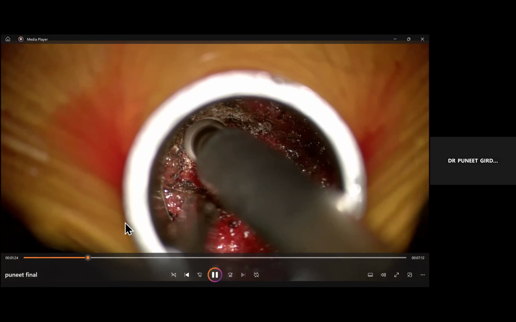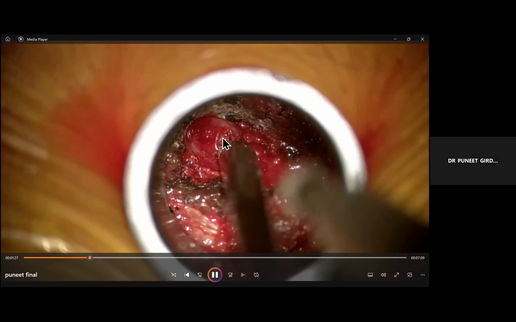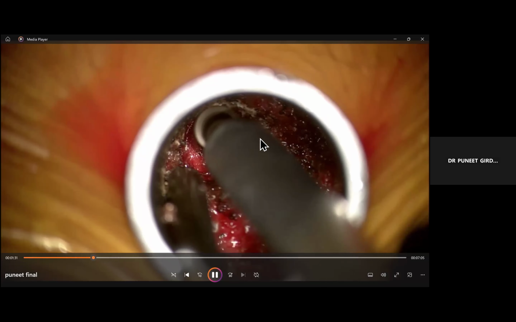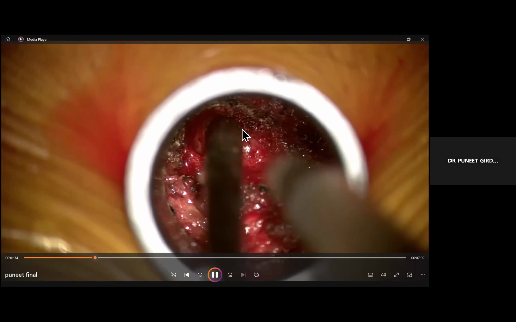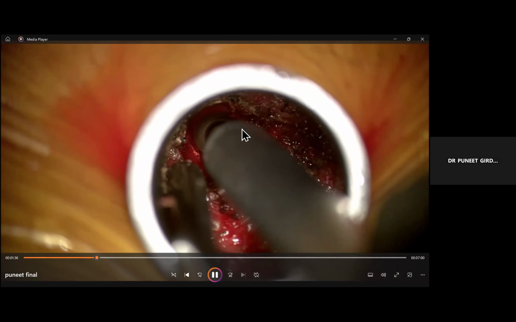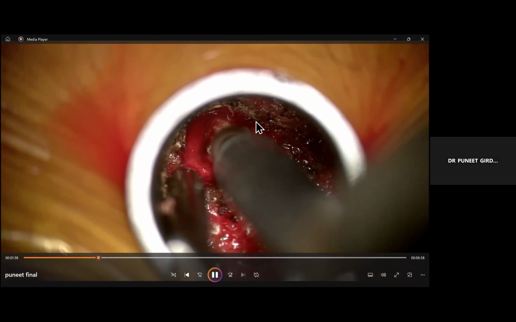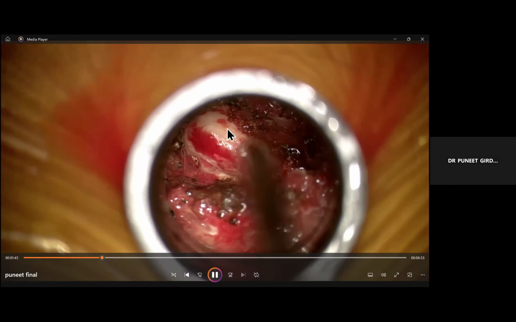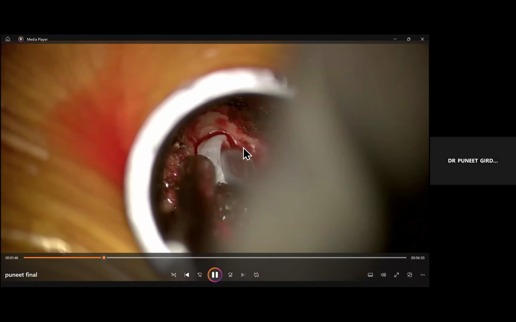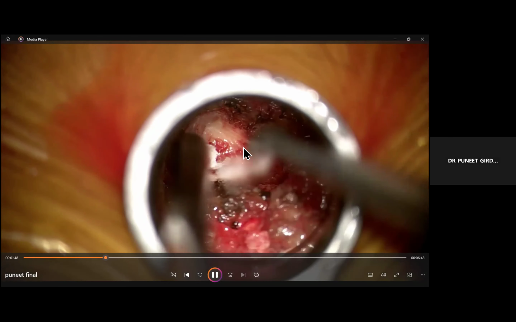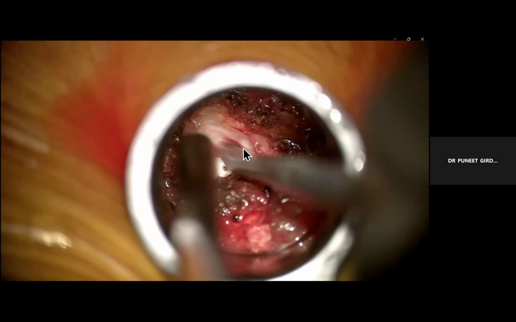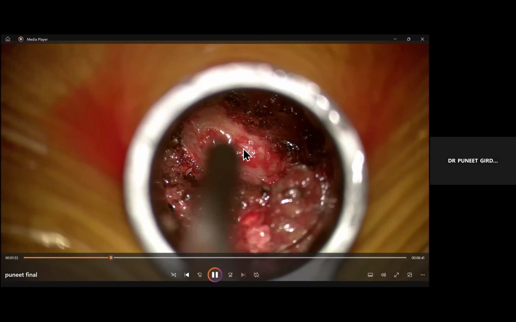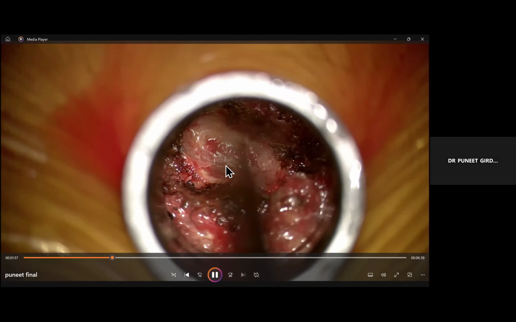So we are on the left side of the patient, and we are using a high-speed bur now to drill the spinolaminar junction and go under the spinous process to visualize the midline. If there is some bit of hemostasis issue, one can use bone wax, or you can continue to bur, and that will provide you further hemostasis if it is not that challenging.